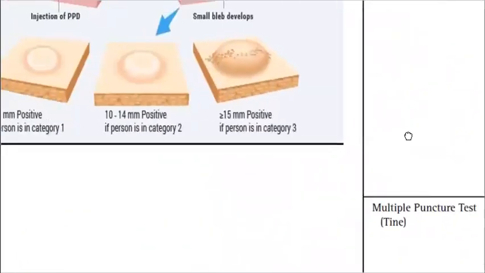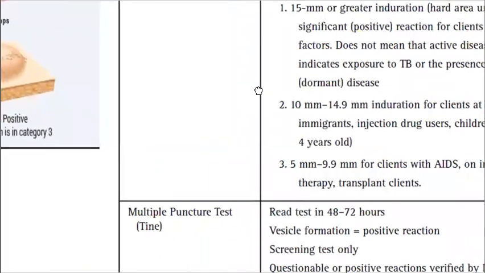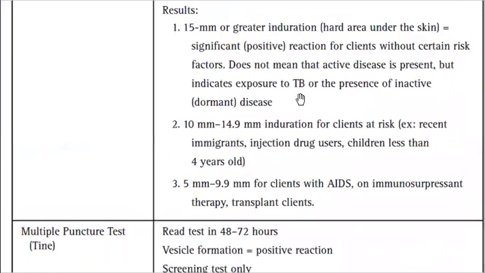If the induration is between 5 to 9 millimeters, it is also positive if the patient is in category 1. Those patients would include patients who have AIDS, patients who are on immunosuppressant therapy, or patients who have undergone transplant. So that's how you want to read your Mantoux test.